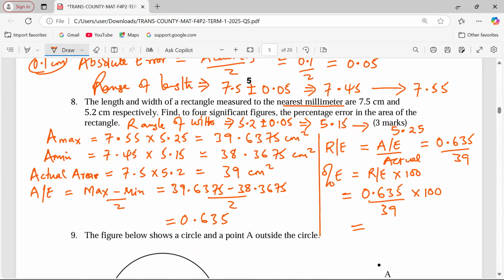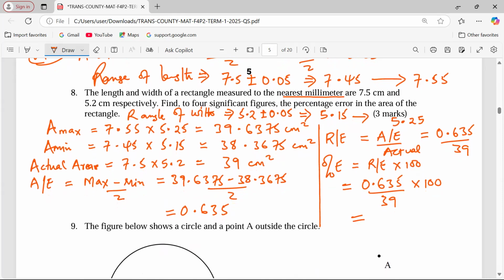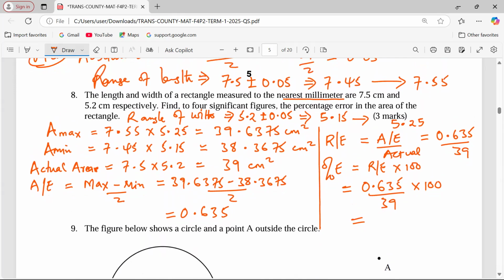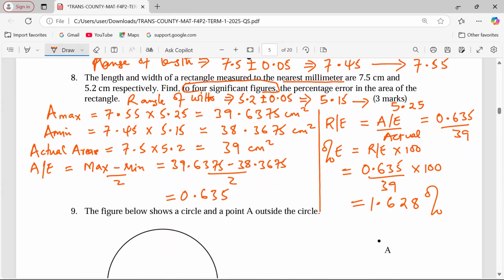This one divided by 39, then I multiply by 100. I'm getting 1.6. 4 significant figures again, according to the instructions here. It's good for you to read questions carefully. To 4 significant figures. So I'll be having 1.628%. That is for SF.